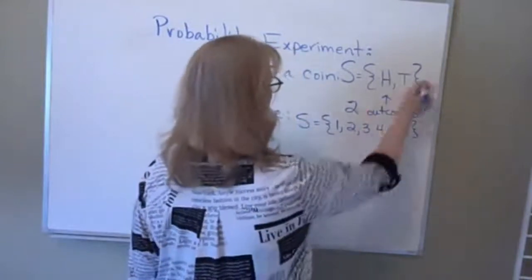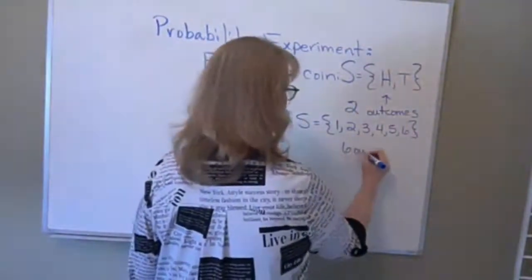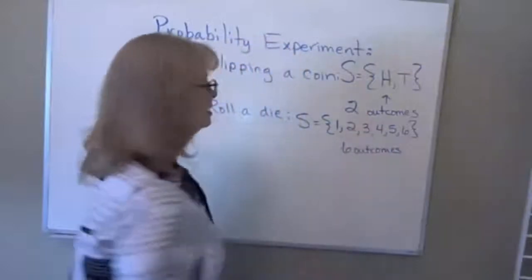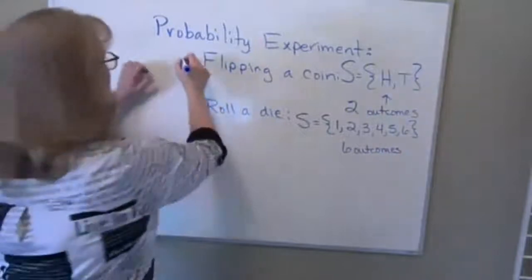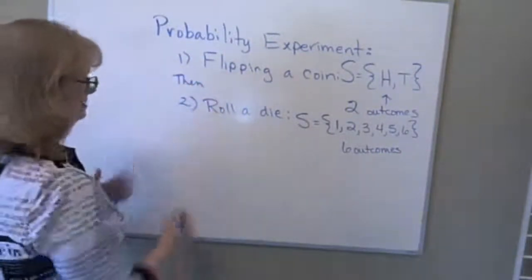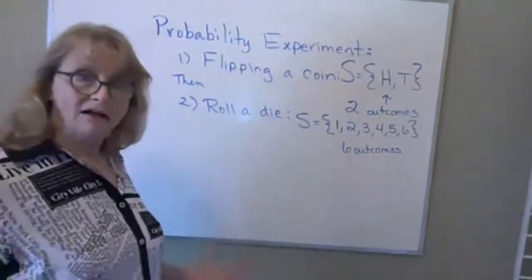So we have 2 outcomes for the coin, and we have 6 outcomes for rolling a die. Then if we do both, so say we flip a coin, then roll a die, what is the total number of possible outcomes?